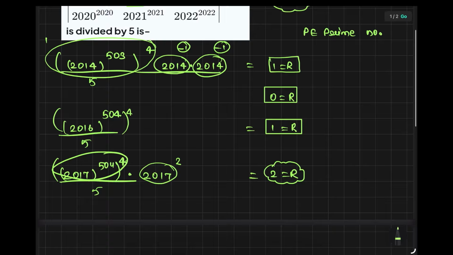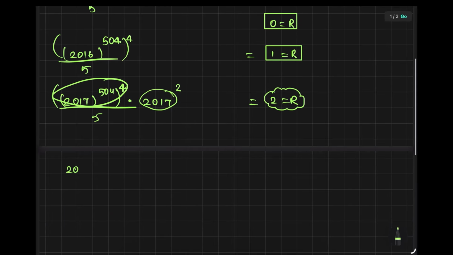So if it is 2018, the power is also 2018, so I'll go with 4 and 504, so it is 2018 to the power 16, then 2018 squared.